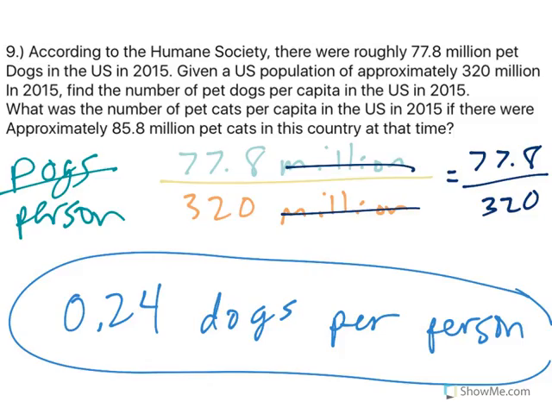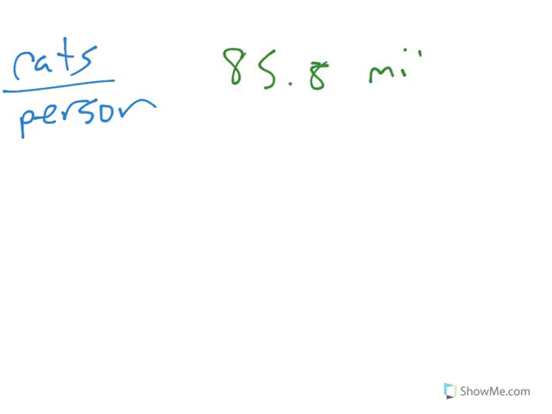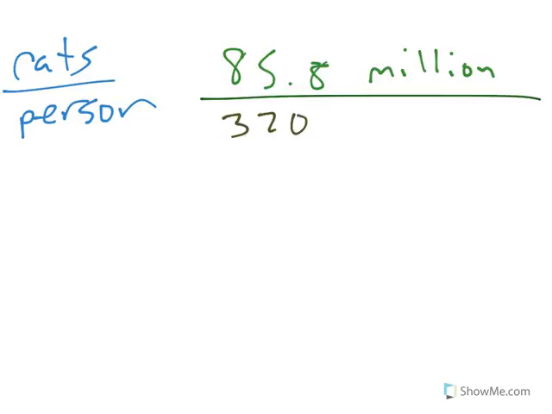Oh, sorry. Second part of this says let's talk about cats. What about cats per capita if there are 85.8 million pet cats? So now we're talking about cats per person. All right, so they said there are 85.8 million cats. It's a lot of cats. And we're going to divide that by the 320 million people.